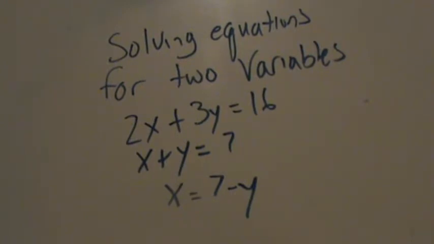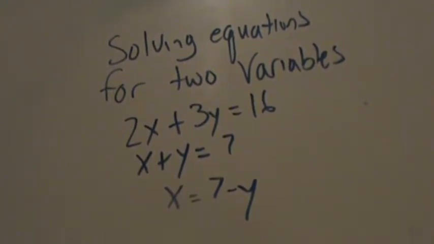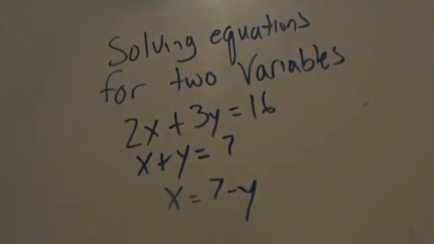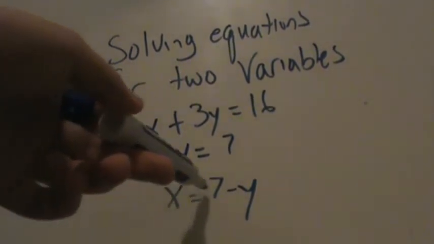So what does that mean? That means x is equivalent to 7 minus y. So let's plug this back in here because we have an equivalency.